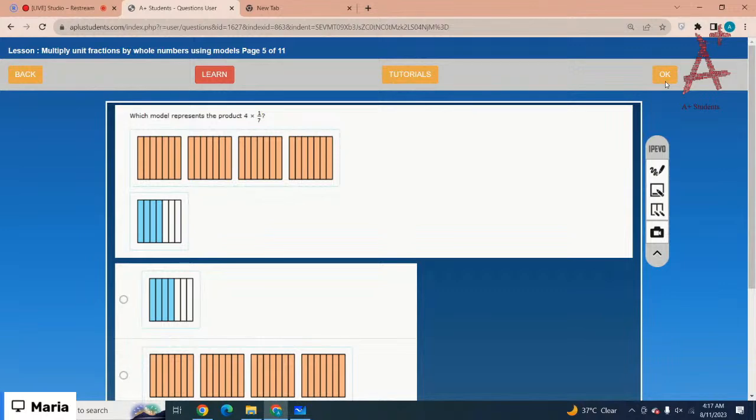Okay, which model represents the product 4 times 1 over 7? So which is the correct option?